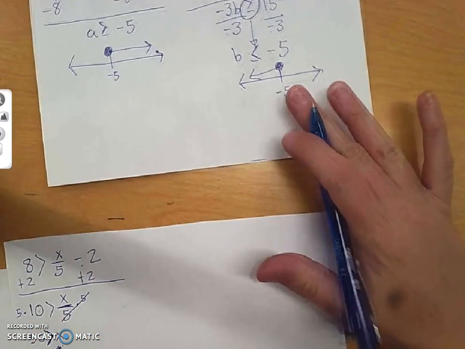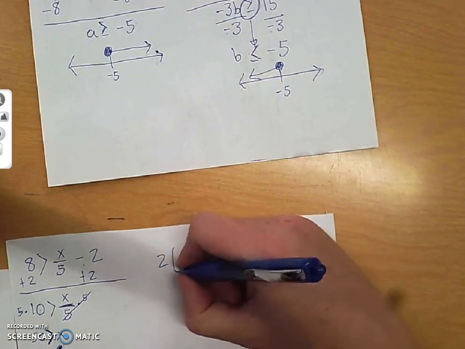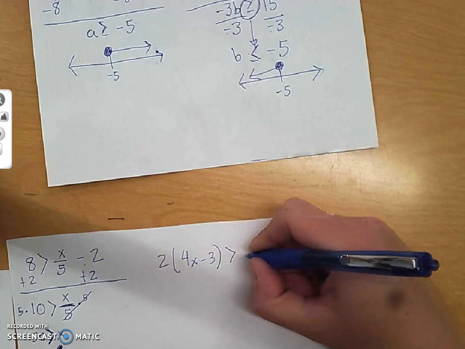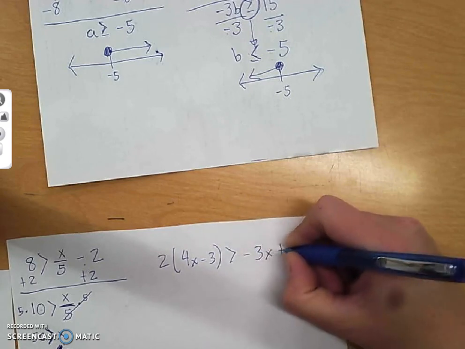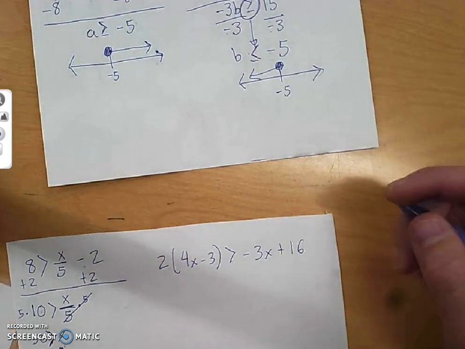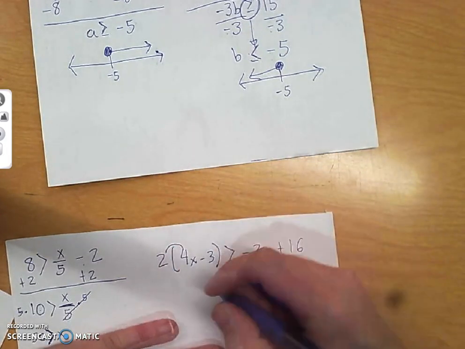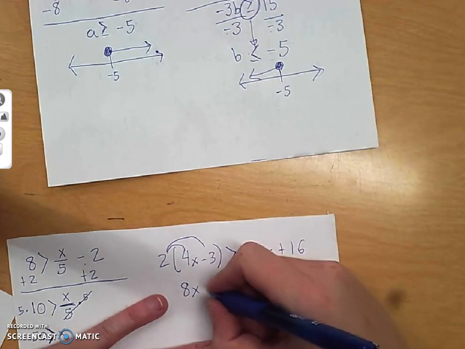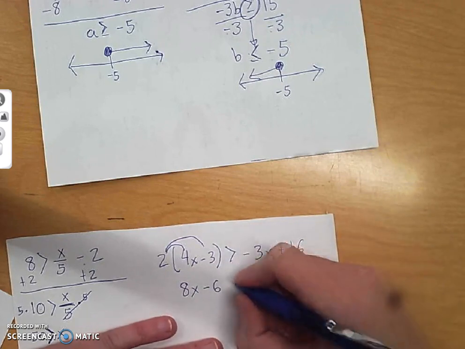All right, our fourth one. 2 times 4x minus 3 is greater than negative 3x plus 16. Lots of stuff going on here. We're going to start by distributing. 2 times 4 is 8. 2 times 3 is minus 6.